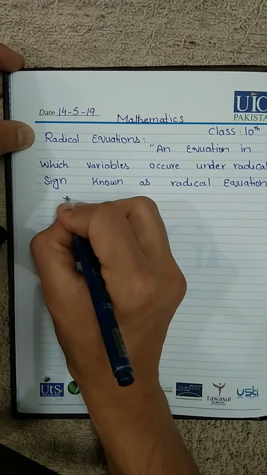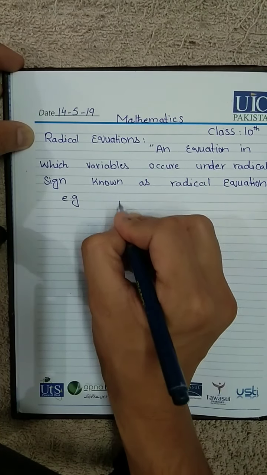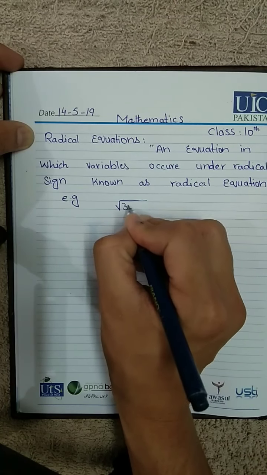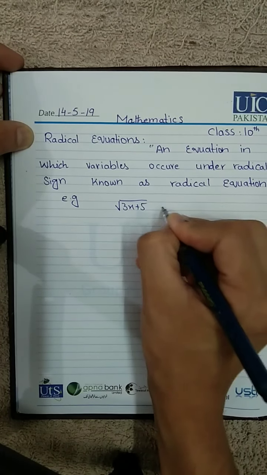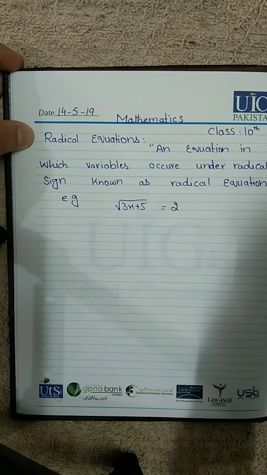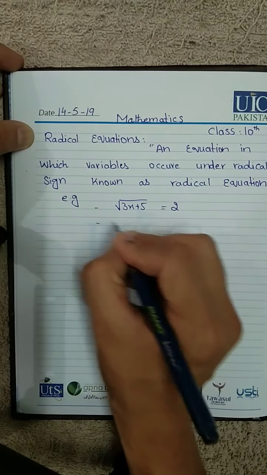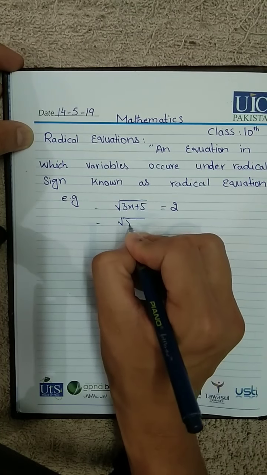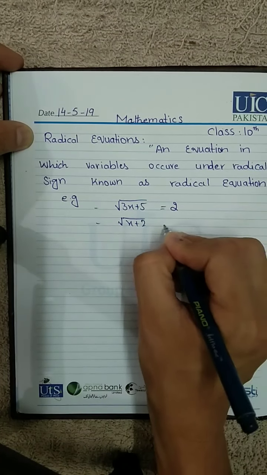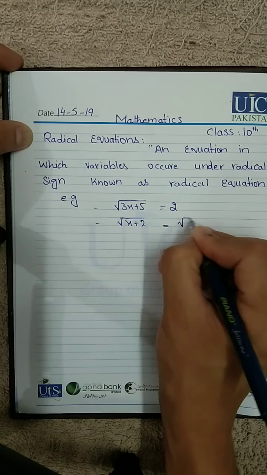I'm going to give you an example here. Suppose square root of 3x plus 5 is equal to 2 is a kind of radical equation. Suppose square root of x plus 2 is equal to 3x plus 6 plus 9 is also a kind of radical equation.